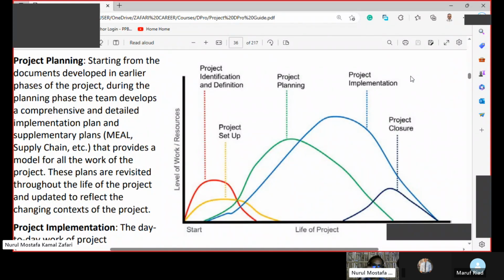Now let's go down to the project implementation phase. I'll stop here for a while, then I'll read again to allow you to see and read.